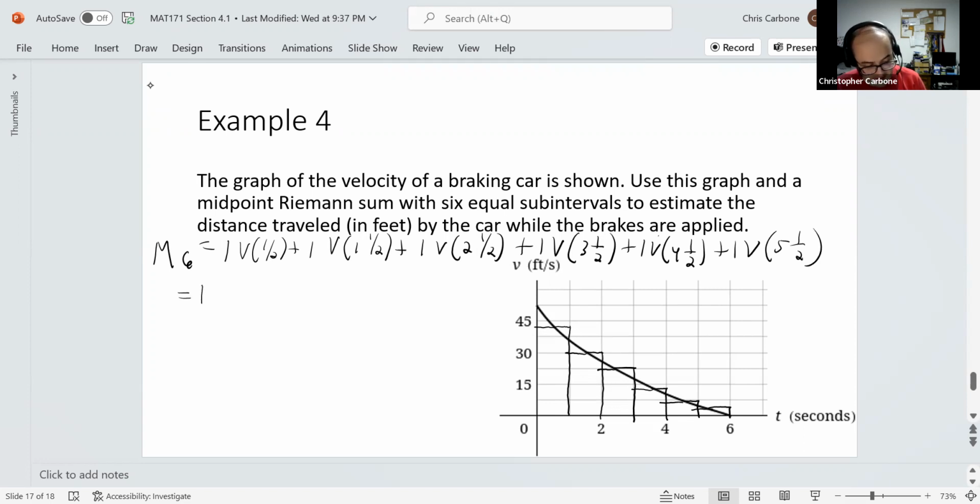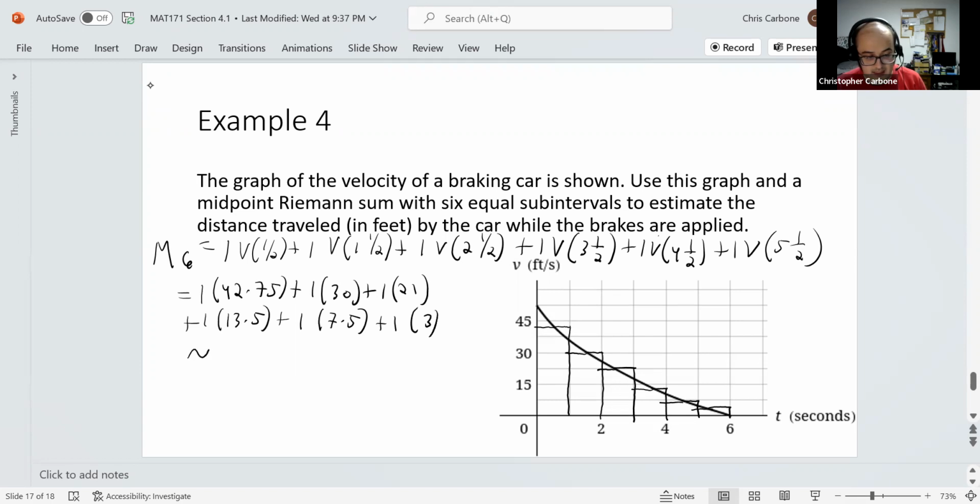So, guesstimating these values, this is 1 times 42.75 plus 1 times 30 plus 1 times 21 plus 1 times 13.5 plus 1 times 7.5 plus 1 times 3. And that guesstimate is about 117.75 feet.